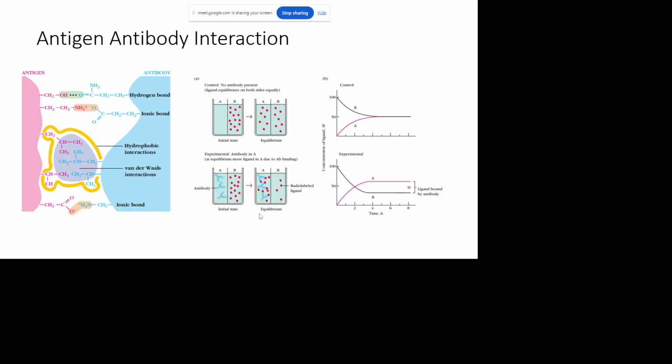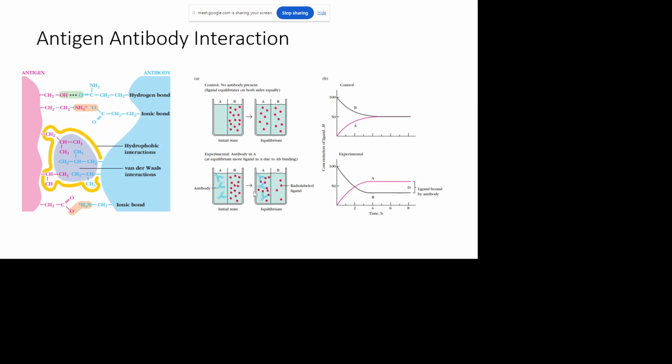Although the equilibrium has been reached, it will be reached based upon the availability of free antigen. If the free antigens are equal in both of these compartments, then equilibrium will be attained. But because of the presence of the antibody along with some free antigen, compartment A will also have some antibody bound antigen.